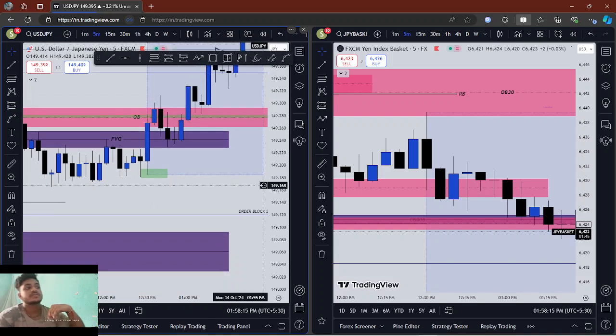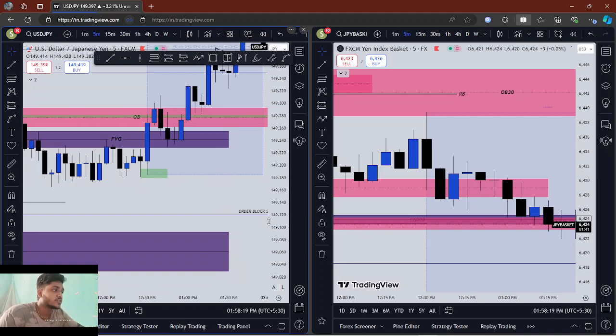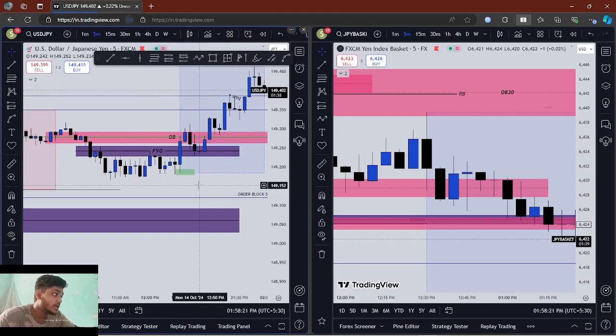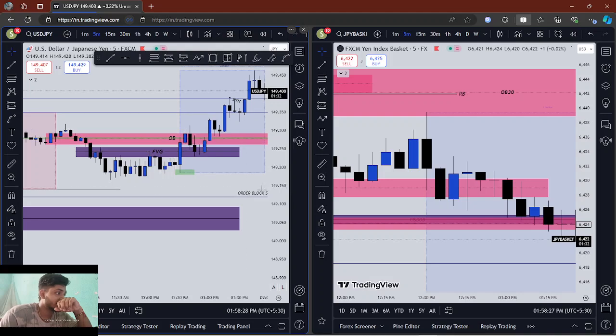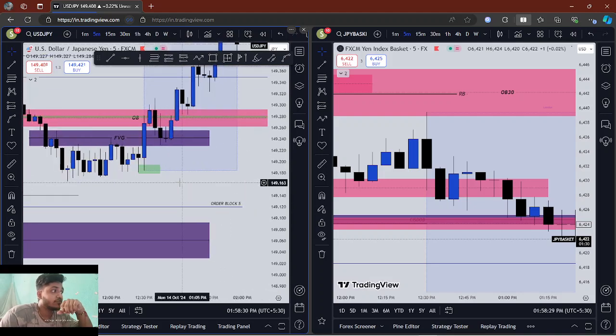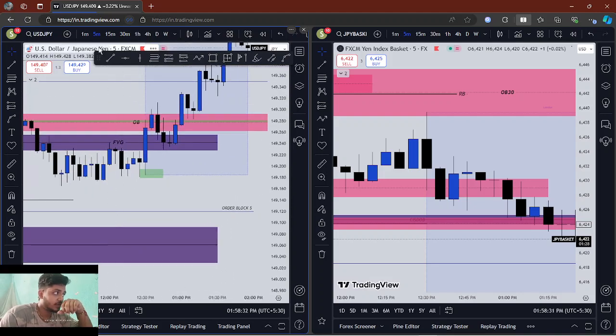So I was quite stuck with my initial understanding that price should come lower first and then go higher, and I was actually thinking of that. Then I was waiting for a proper structural shift from here.